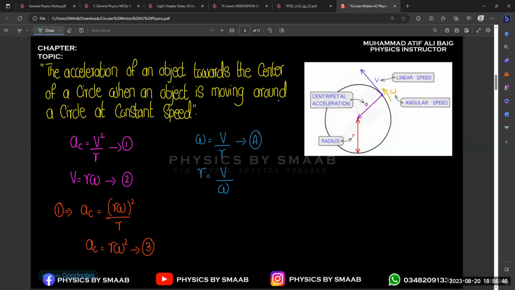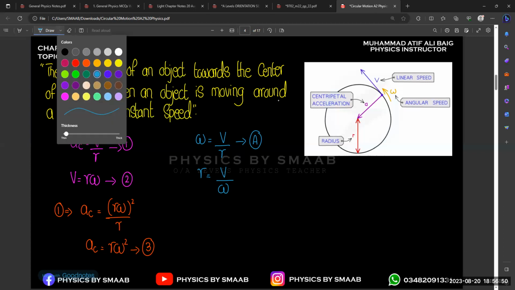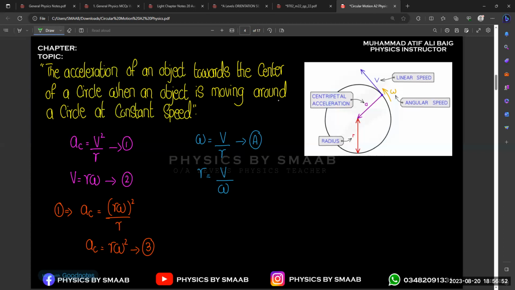So that will give you what value? Just take the reference from the first equation, that is a_c = v²/r.